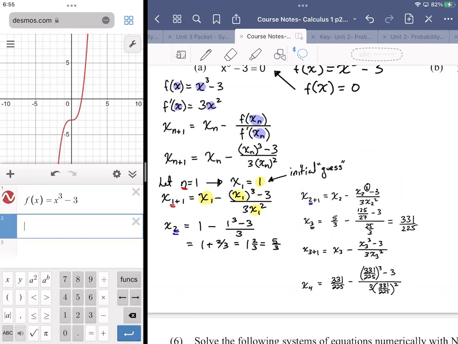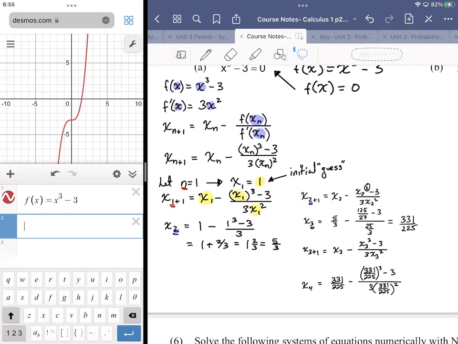What we did was we took the x value and subtracted from it the ratio between the function evaluated at that x value and the derivative evaluated at that x value. All right, so let's do that.